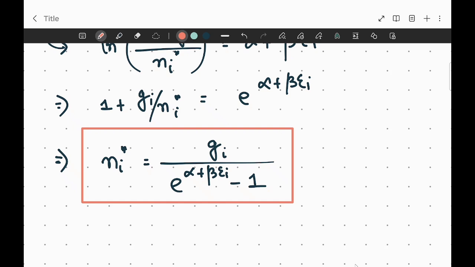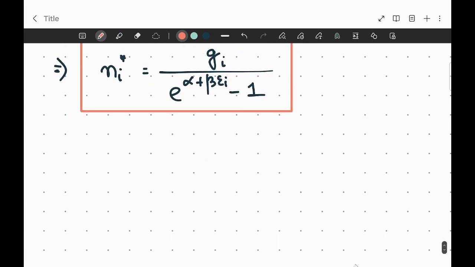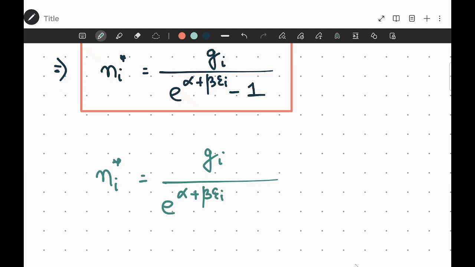Fermi-Dirac you will do on your own. You have to follow the same procedure, and you will obtain for Fermi-Dirac Gi divided by e to the power alpha plus beta epsilon i plus 1.